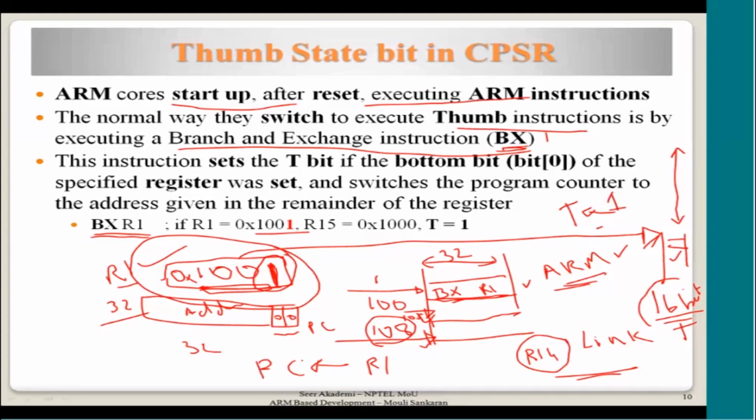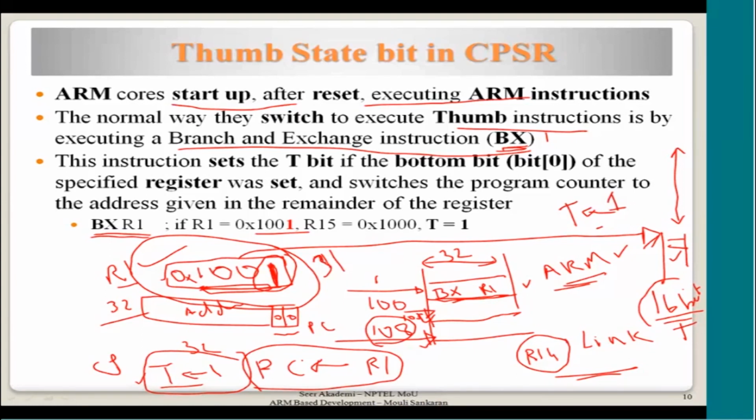We are telling the processor to do it. Automatically the CPSR T bit will be modified, changing only the T bit and nothing else. And then copy the lower 31 bits of the address, because please remember, thumb state is a 16-bit instruction.